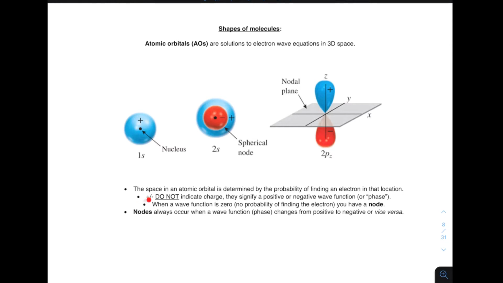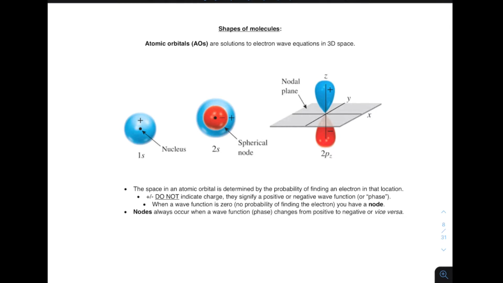Like I just said, positive and negative don't indicate charge, but they signify wave function. These positive and negative phases matter when atomic orbitals come together to form bonds, as it signifies whether you have constructive overlap, meaning you're forming a bond, or destructive overlap, where the probability of finding an electron is zero.